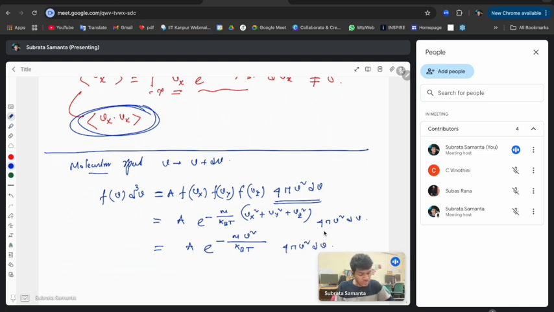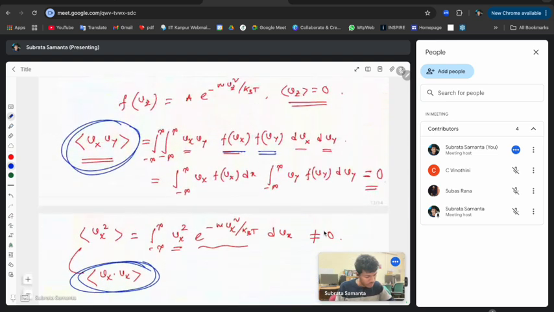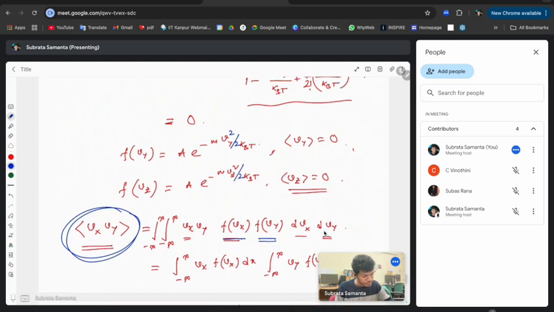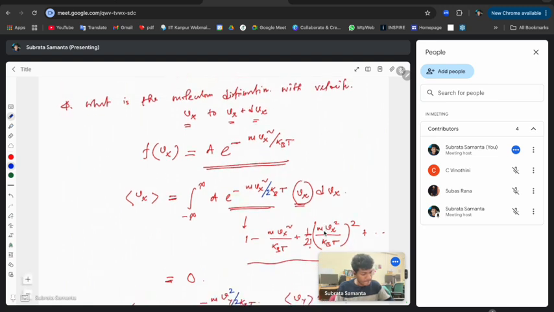This is your speed distribution f of V d cube V, with the volume factor d cube V. By convention there is a half factor in this case, so I write m over 2 kBT, because half m V square is E by kBT, so by convention I put a 2 everywhere.